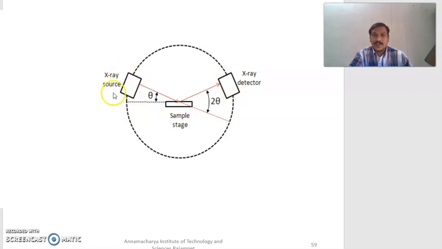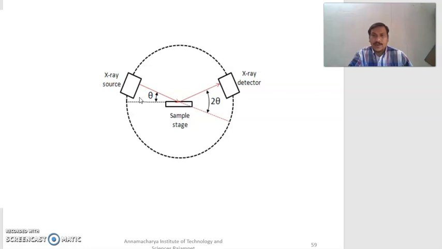In the X-ray source, as we already know, X-rays are produced when a high intensity electron beam is incident on a target material like copper, molybdenum, tungsten, etc. The energetic electrons are incident on the inner electrons of the atoms of the target material, and the inner orbit electrons are ejected.